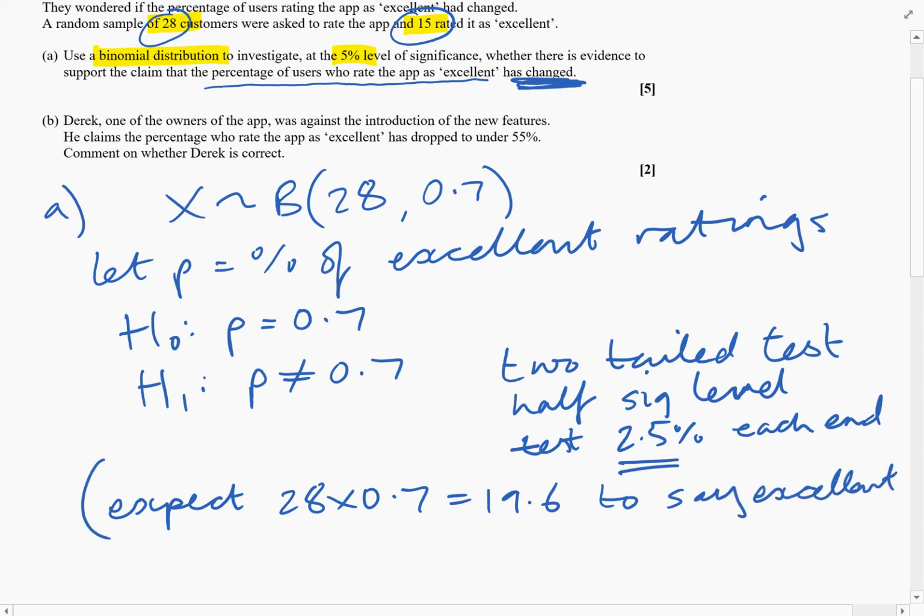By the way, this really isn't part of the hypothesis test. It's just going to help us decide which end to test. So we'd expect roughly 19 or 20 customers to say excellent out of 28. But we've only got 15 saying it was excellent. So 15 is lower than we would expect, lower than expected.